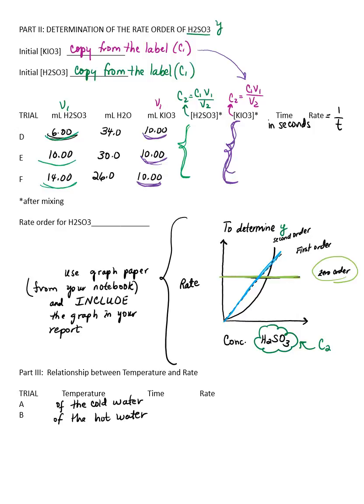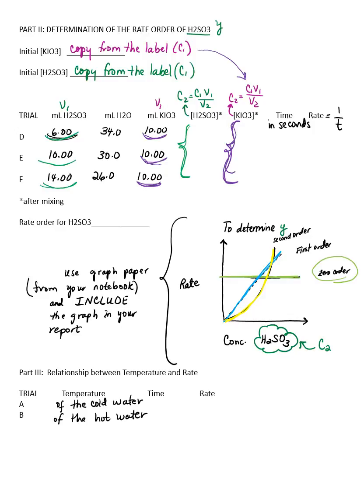And then the last one is a second order. If the concentration is changing by a factor of 2, for example, the rate will be changing by a factor of 4, which is 2 squared. That's what makes an order equal to 2.